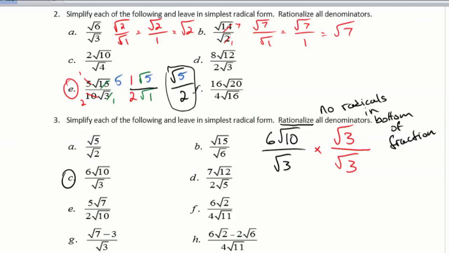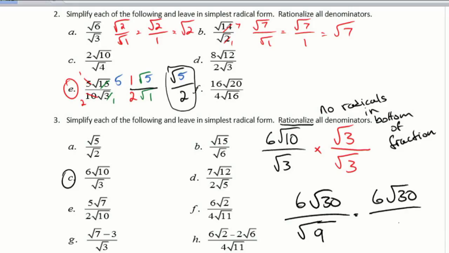So what I'm going to do is my multiplication. 6 root 10 times root 3 is 6 root 30. And on the bottom I get root 3 times root 3, which is the square root of 9. So 6 root 30, and then the square root of 9 is 3.